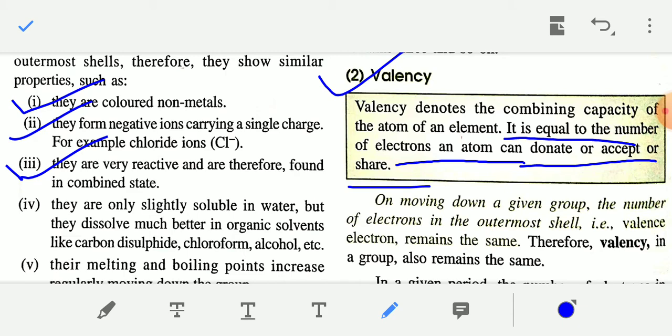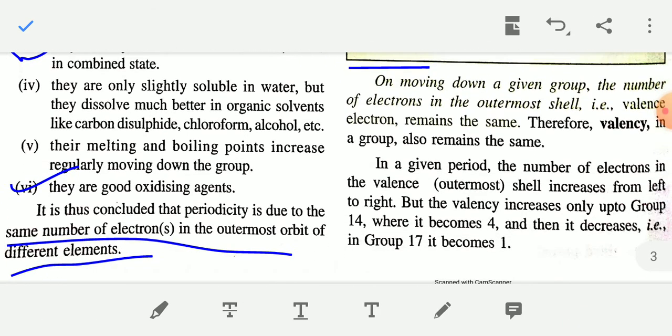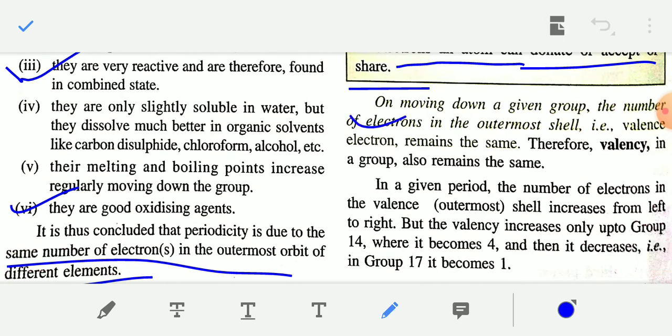On moving down a group, the number of electrons in the outermost shell, that is valence electrons, remains the same. Therefore valency in a group also remains the same, because on moving down a group, the number of electrons in the outermost shell remains the same.